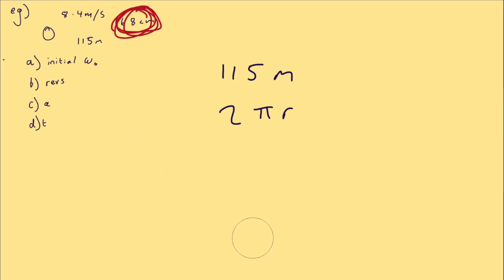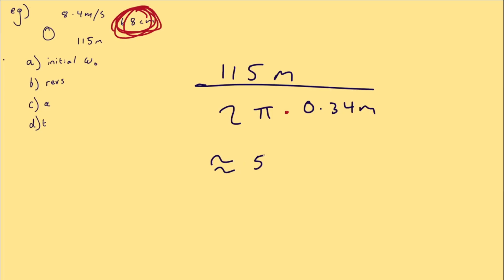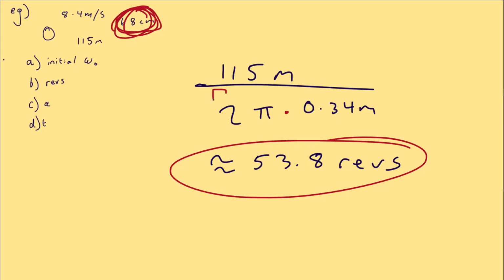So let's divide the distance we traveled by the circumference. We'll plug in our radius value, which is 0.34 meters. And we get roughly 53.8 revolutions. Because this here is one revolution. And we're looking how many times it happened during here.